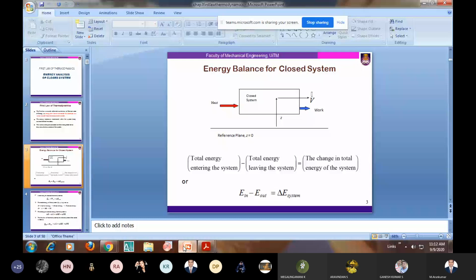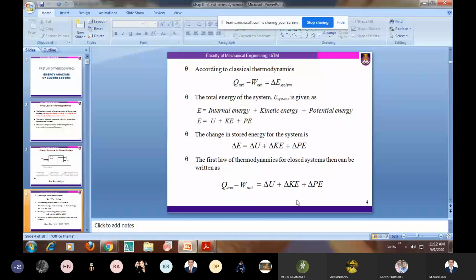So the energy equation will be: total energy entering the system minus total energy leaving the system gives you the change in total energy of the system. That is E in minus E out equals delta E. As per the first law of thermodynamics, delta U is equal to Q minus W.